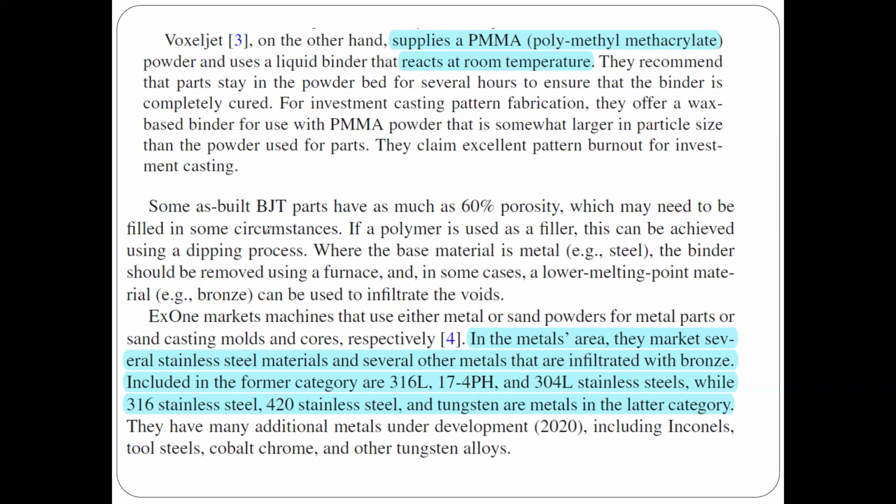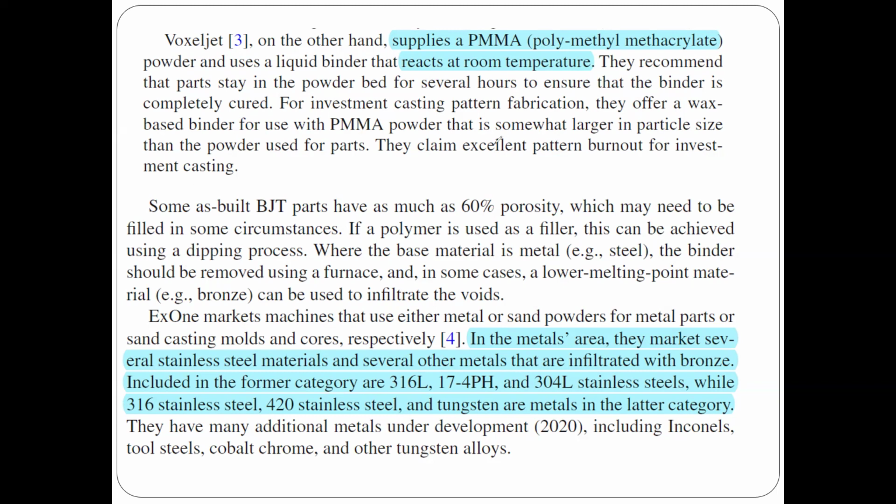For example, Voxeljet, this is a company, on the other hand, supplies a PMMA, which is methyl methacrylate powder, and uses a liquid binder that reacts at room temperature. They recommend that the parts stay in the powder bed for several hours to ensure that the binder is completely cured.